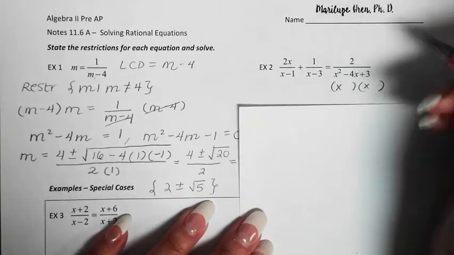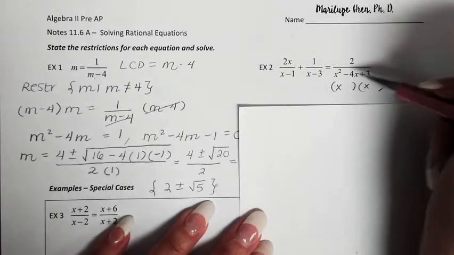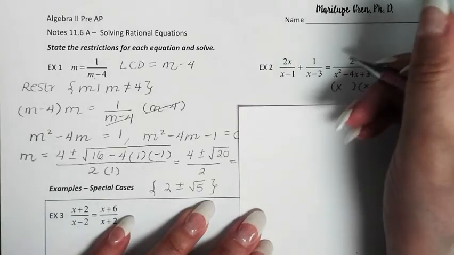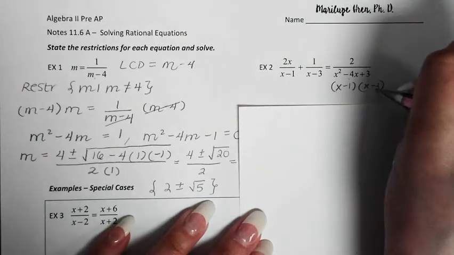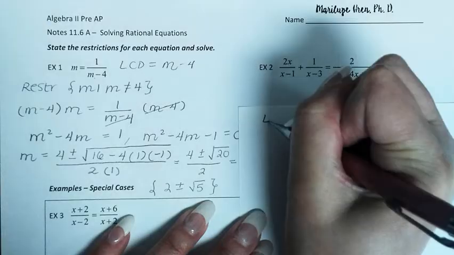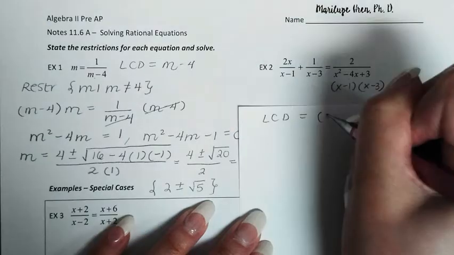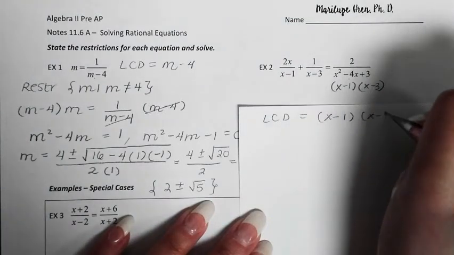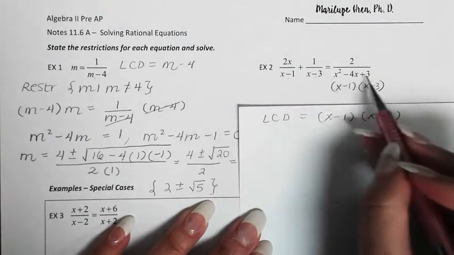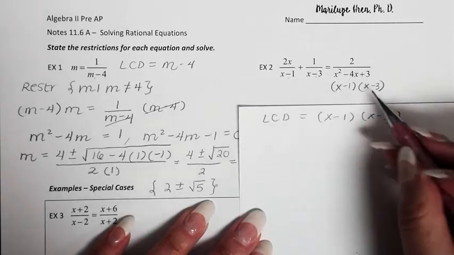Two numbers that multiply to give positive 3 and add to negative 4 are the beautiful numbers negative 1 and negative 3. So the least common denominator is going to be x minus 1 times x minus 3. Why? Because this one has the combination of both.